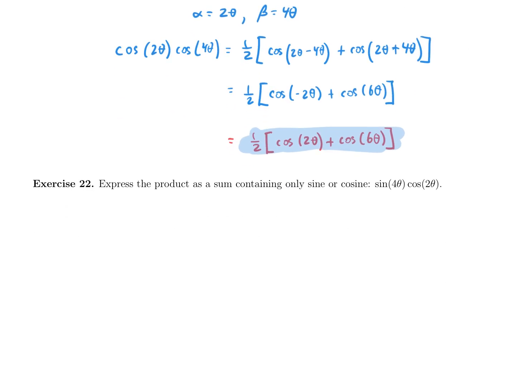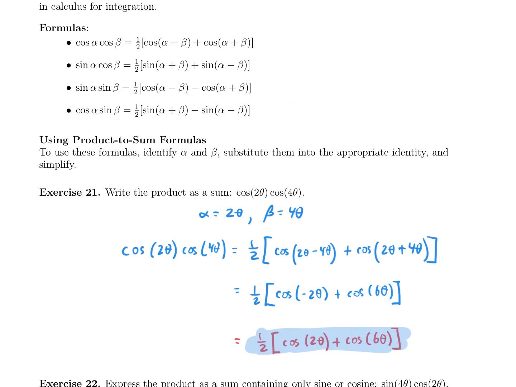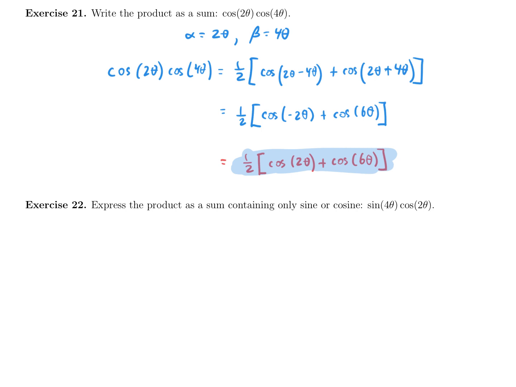All right, here we have the product of sine times cosine. So that means we're going to use the second formula up here. The second one is the form that we need. So it's going to be sine sum plus sine difference. All right, let's go ahead and write that out. Once again, alpha in this case is 4 theta, and beta is 2 theta.